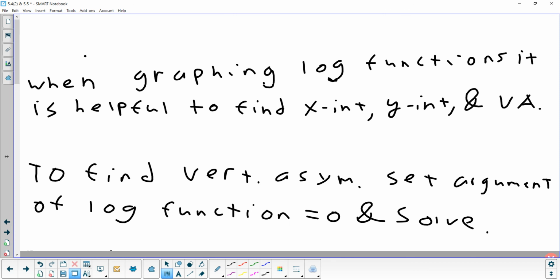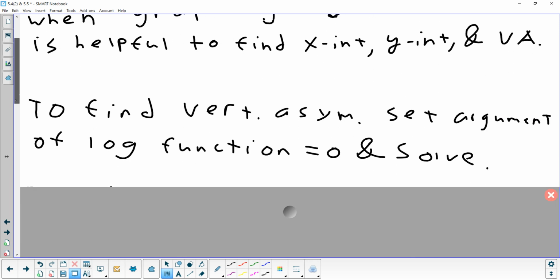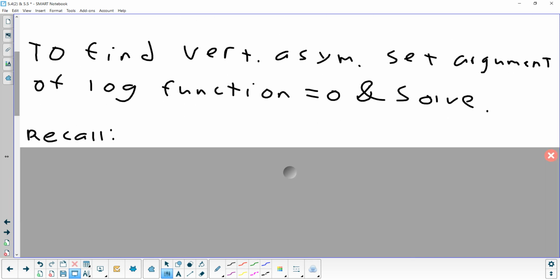So this is what I told you guys earlier. To find the vertical asymptote, you set the argument equal to 0 and solve. How do you find the y-intercept? What do you plug in?